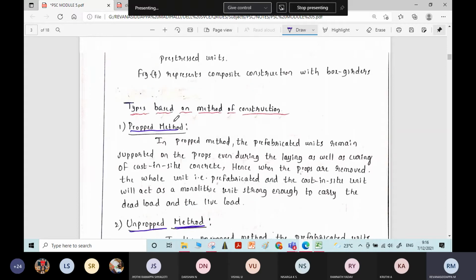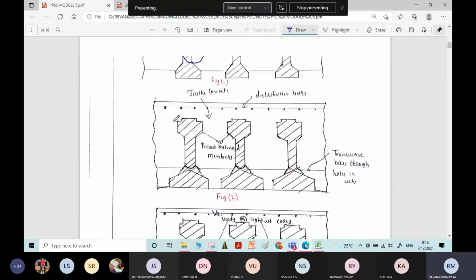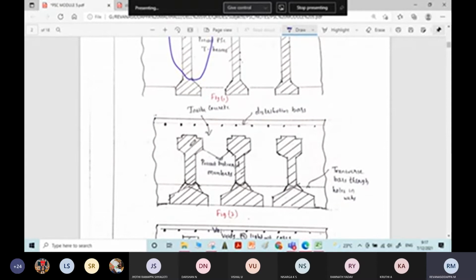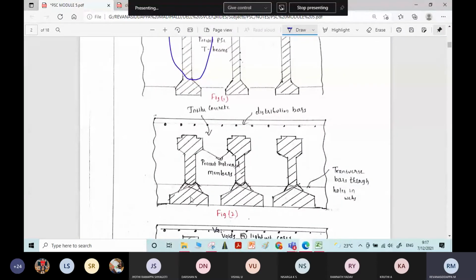In case of propped method, as I said here, these structural elements, the precast elements, will be given temporary support with the help of some other structural elements.